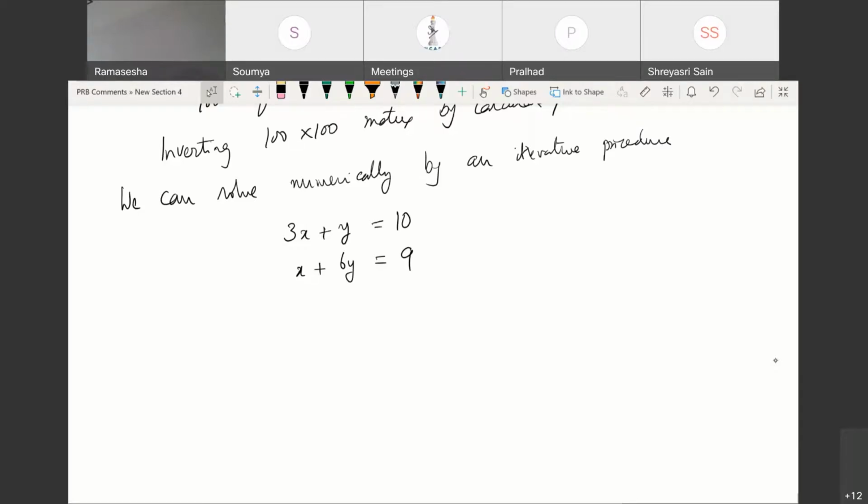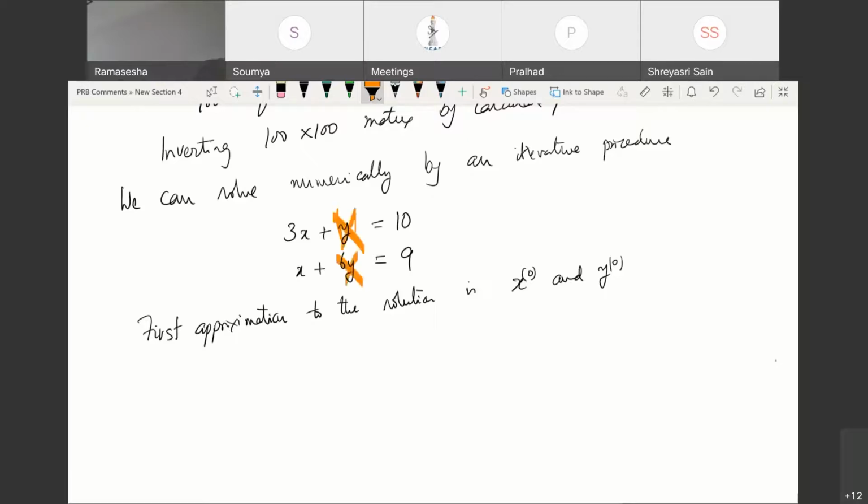Instead, we will say the first approximation to the solution is x0 and y0, and we'll ignore the off-diagonal contribution, which is this part.